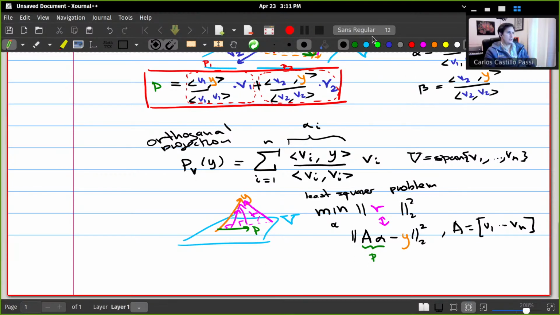So P equals alpha 1 v1 plus alpha 2 v2 plus and so on until vn. This is the same as the matrix-vector product that I'm showing here. Okay.